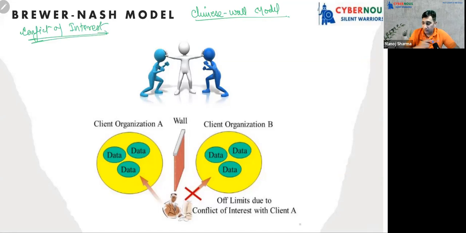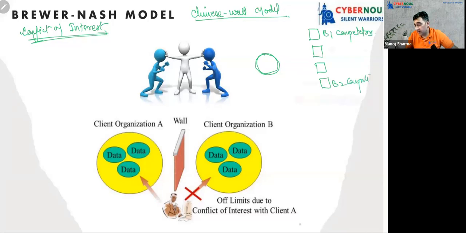At work, for example, I will give you an example. Let's say there is a small company which is giving some managed services to some clients. And some of these clients are banks. Bank 1 and Bank 2 are competitors to each other. Now, what happens is when their accounts need to be accessed by this particular company, somebody sitting here has to access it.